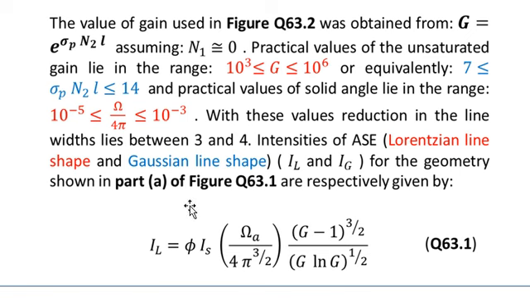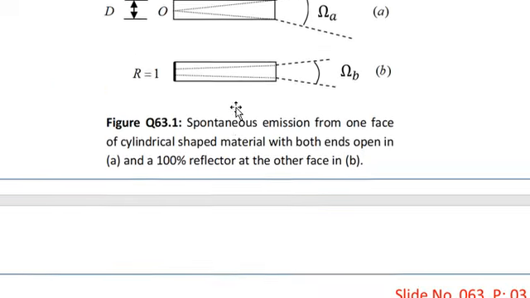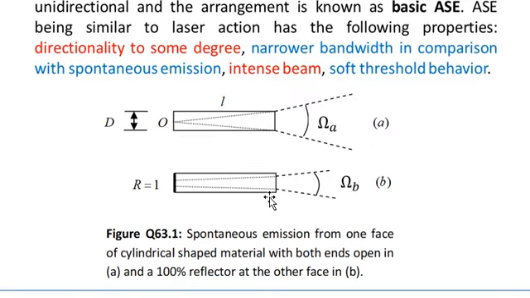So if there is only homogeneous line broadening, we shall talk about the Lorentzian line shape. But if there is an inhomogeneous line broadening, we shall talk about the Gaussian line shape for each of the two geometries. That is, for geometry A, we can talk about both Lorentzian and Gaussian line shapes with the respective intensities represented by IL and IG, and similarly for the second geometry.